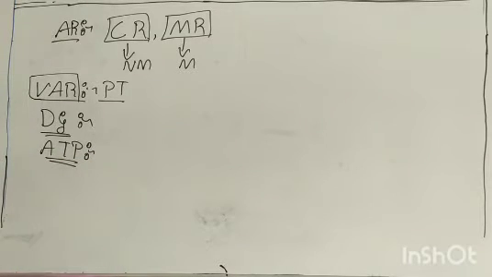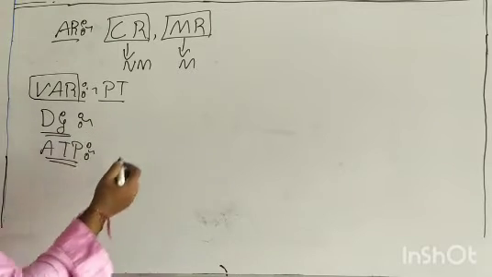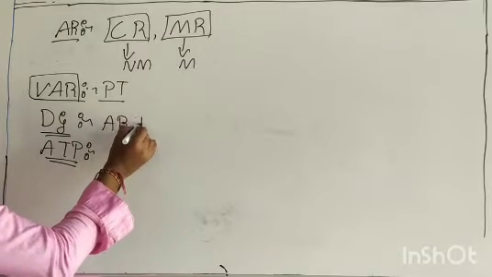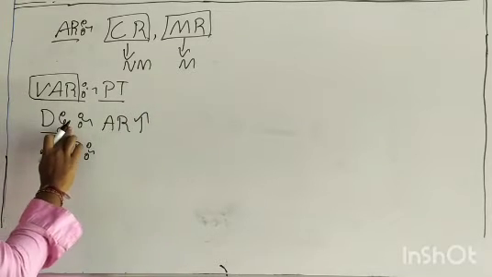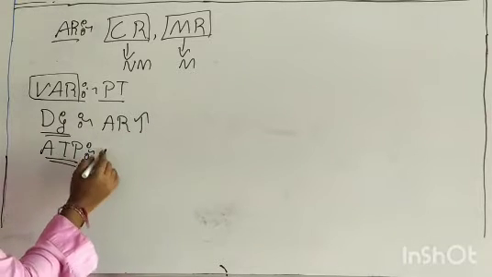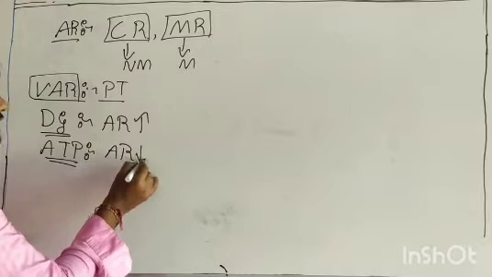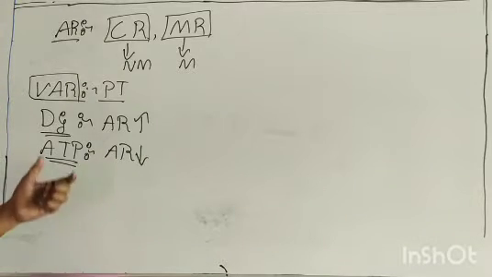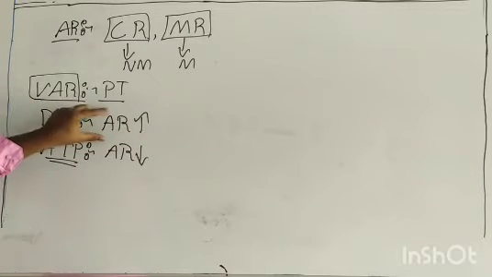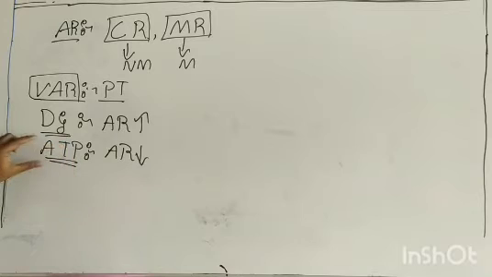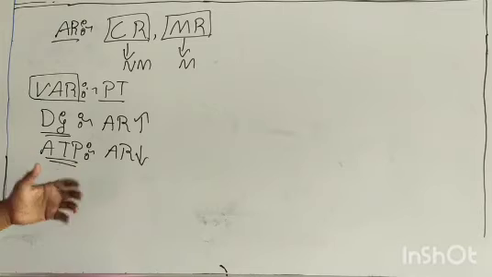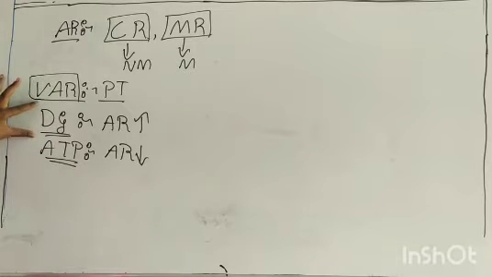If you consider variations of atomic radius down the group, atomic radius will increase, whereas along the period, atomic radius will decrease. There are two trends in the periodic table: down the group, how atomic radius varies, and along the period, how atomic radius varies.